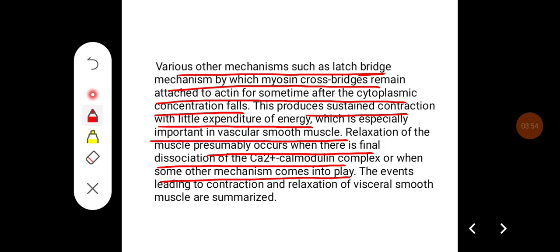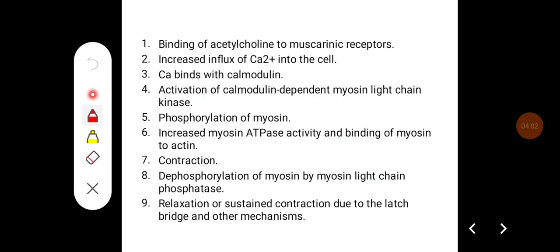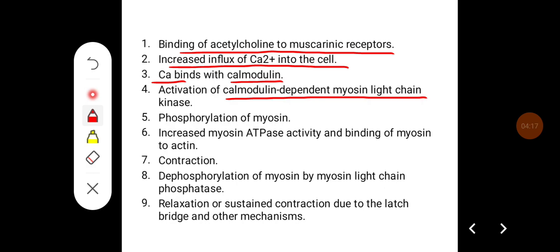The events leading to contraction and relaxation of smooth muscle are summarized below. Initially, binding of acetylcholine occurs to the muscarinic receptor, which causes increase in influx of calcium into the cell. Calcium binds to calmodulin. There will be activation of calmodulin dependent myosin light chain kinase, which leads to phosphorylation of myosin.